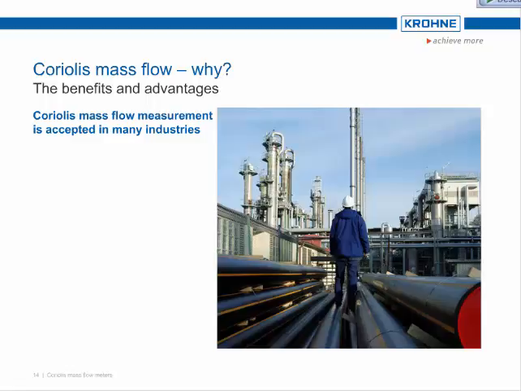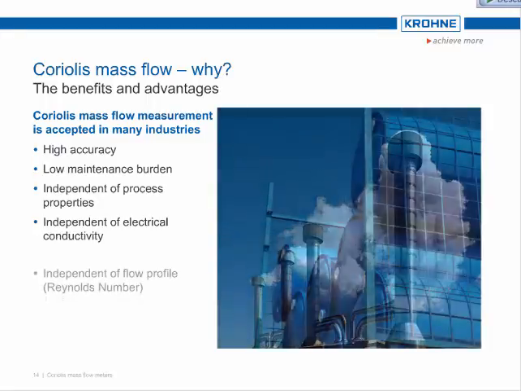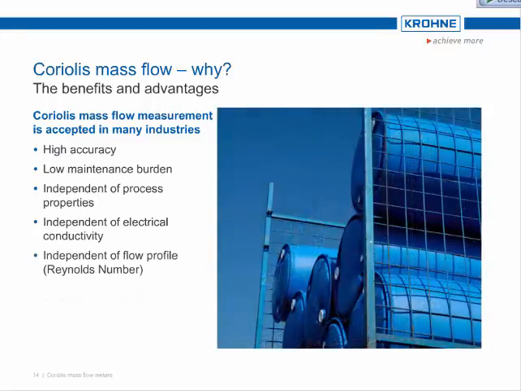This is due mainly to 2 advantages, that of high accuracy and the low maintenance burden. The Coriolis mass flow measurement principle is independent of process properties of pressure, temperature, or viscosity. Additionally, the measurement principle is also independent of electrical conductivity. The Coriolis principle is also independent of flow profile.